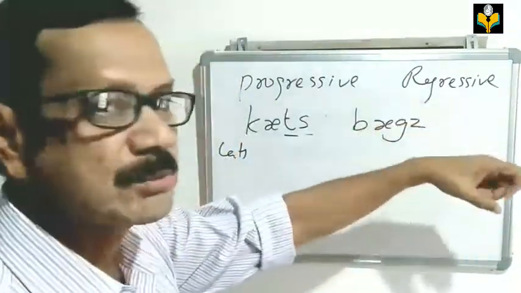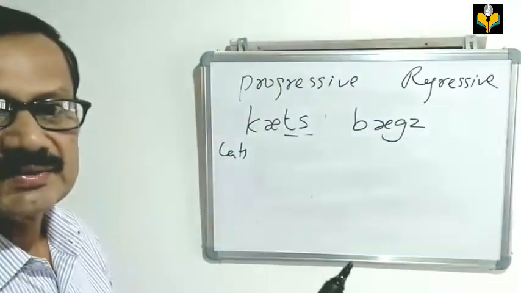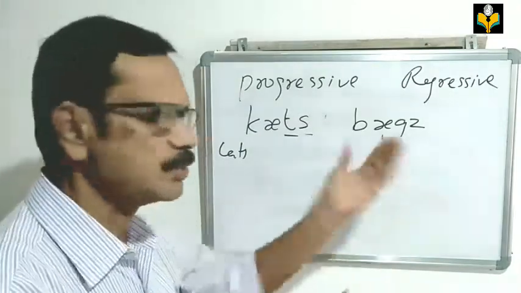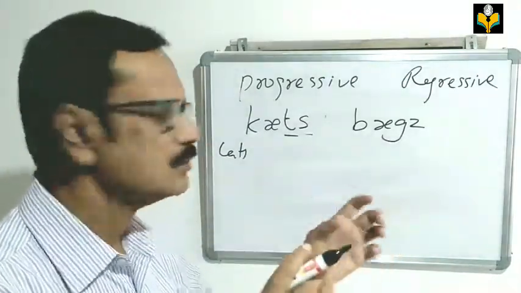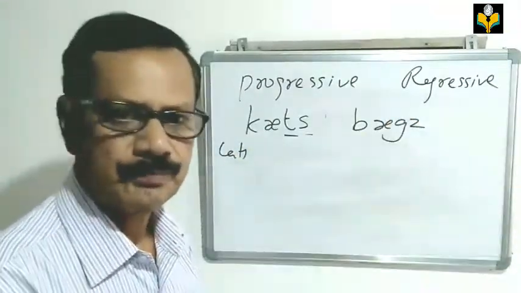Now regressive assimilation is just the opposite of that. That is, the succeeding sound influences the preceding sound. When you remember one thing, it is easy to remember the other.